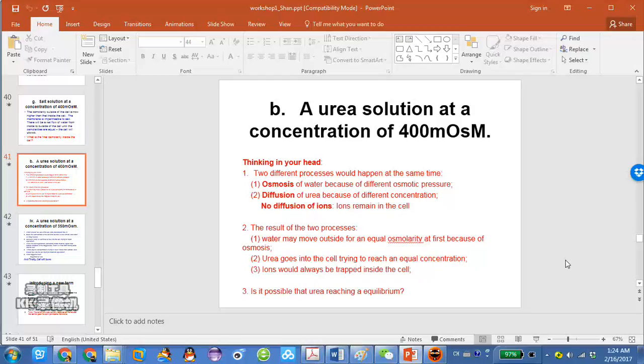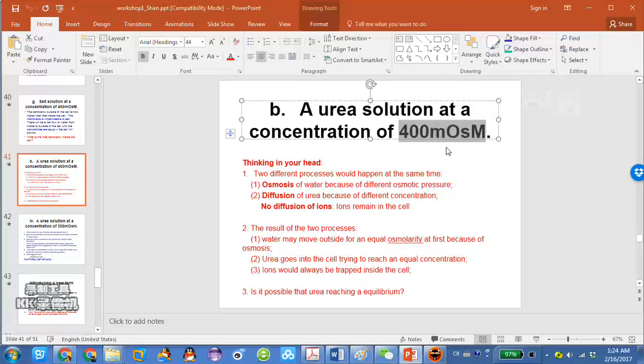Different from scenario C from question 8, in which it has a hypoosmotic solution to the cell, in this scenario, question 9b, originally we have 400 milliosmolar of urea solution in the outside, which is a hyperosmotic solution to the cell.